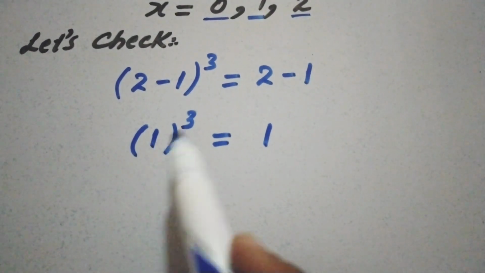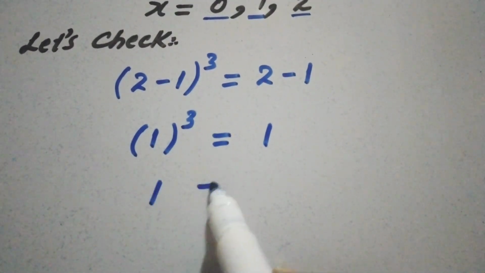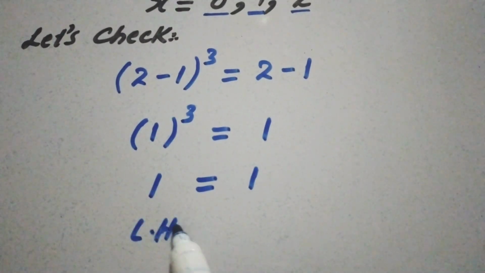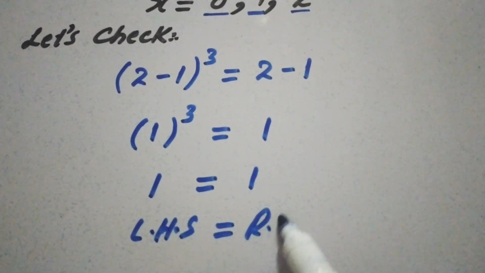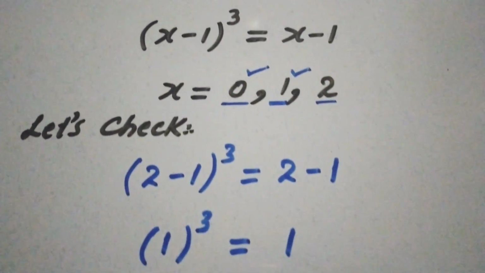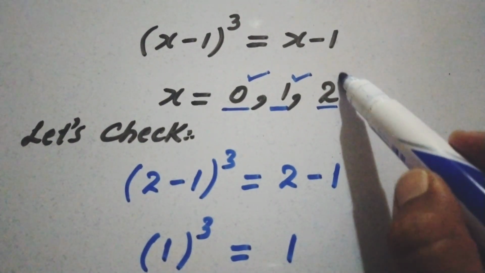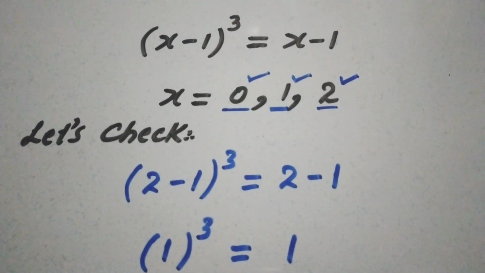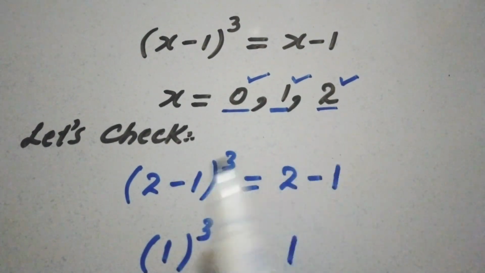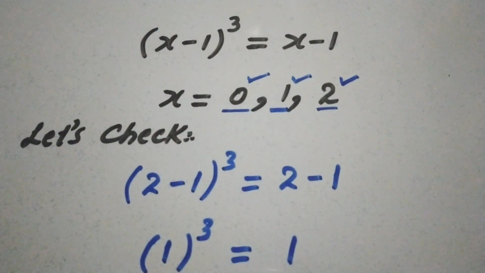Now multiplying 1 three times we get 1 = 1. We have proved that left hand side is equal to right hand side. Hence x = 2 is also a valid solution. So we have x = 0, 1 and 2 for this given expression.